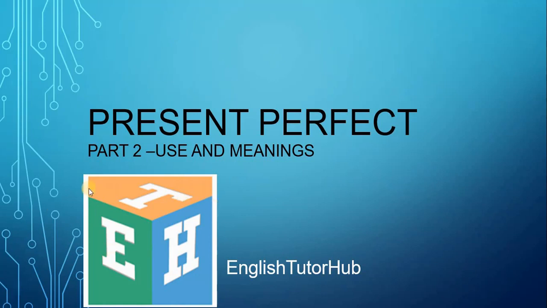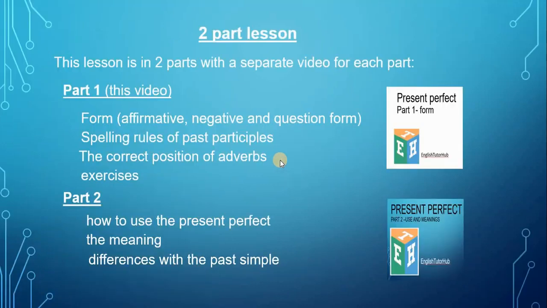Here is part 2 of the present perfect series, and this part is about the use and meaning. This is a two-part lesson, with a separate video for each part.